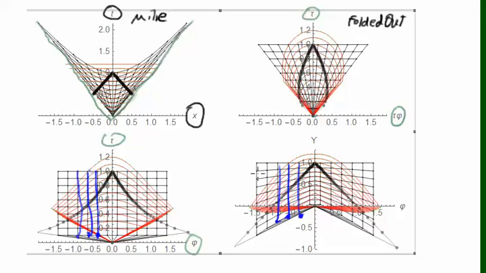So what happened in the end was that some of the lines here that were supposed to be not slanted became slanted.